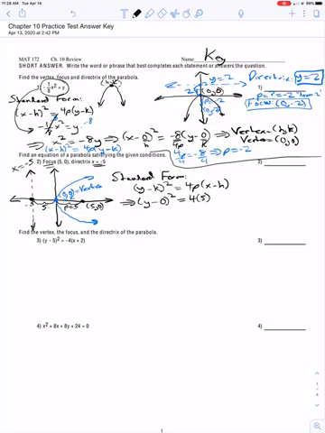We went 5 to the right and 5 to the left to get the focus and directrix, times (x minus the x coordinate of the vertex, which is 0). So x minus 0. And there's my equation. As we simplify that, y minus 0 is y, 4 times 5 is 20, x minus 0 is just x. So I get y squared equal to 20x.